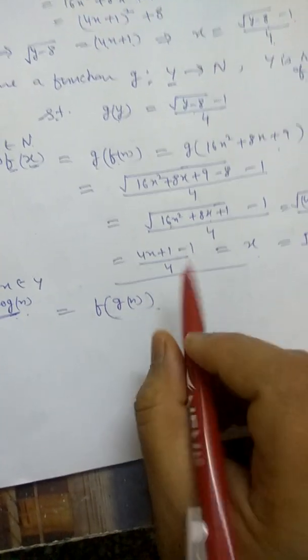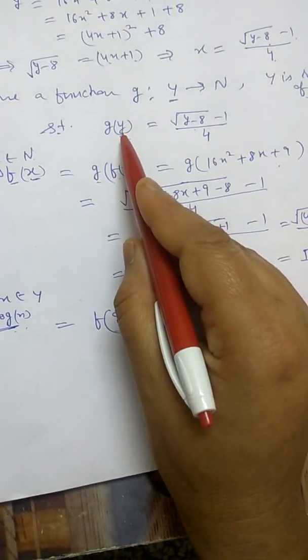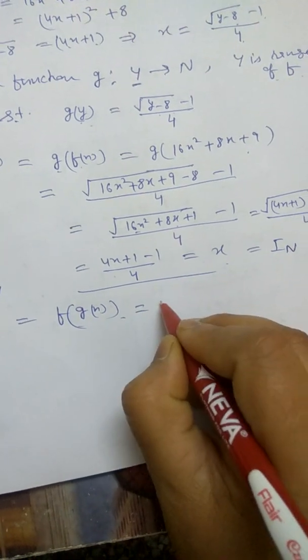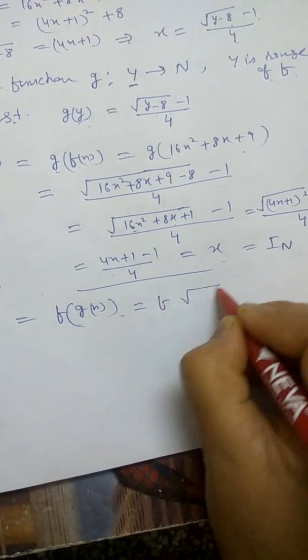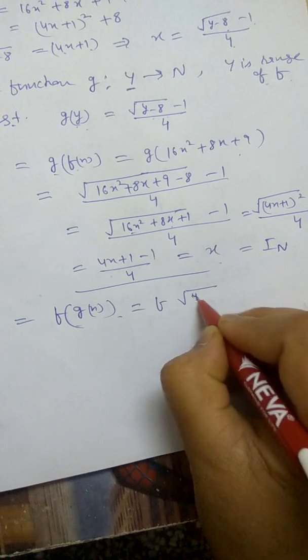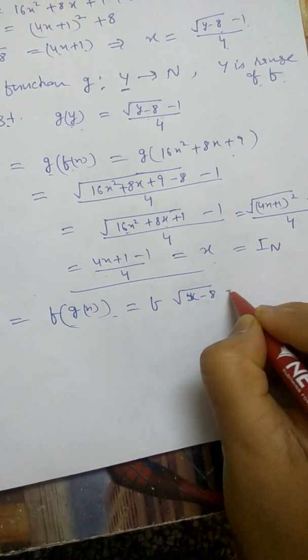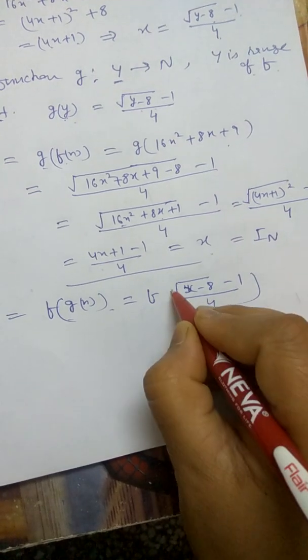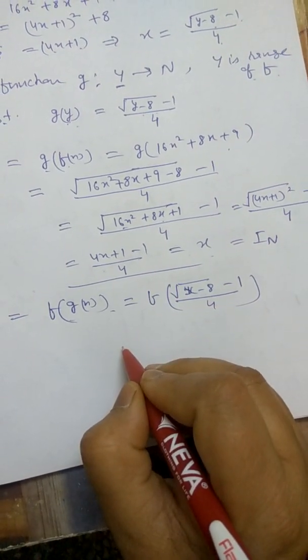What is f(g(x))? Here g(y): in place of y we have to substitute x. It becomes f of (square root of x minus 8, minus 1) divided by 4. Is it clear?